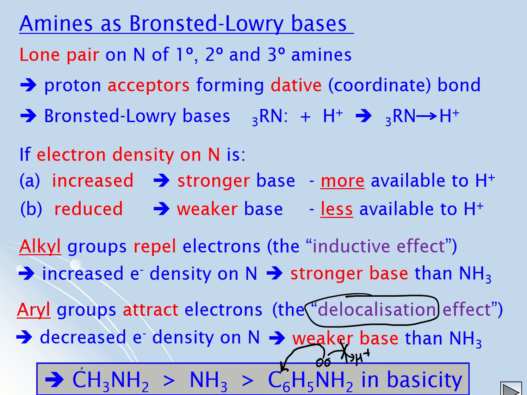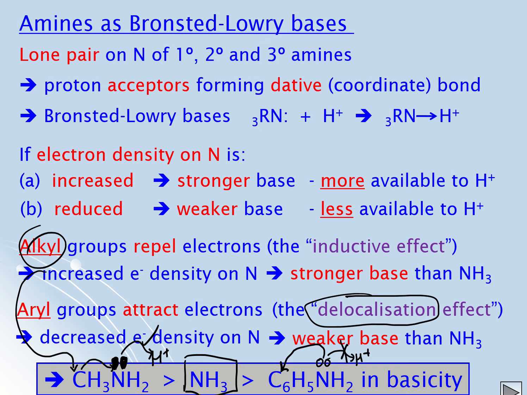Whereas my alkyl group allows electrons to drift away from it, meaning that the negative density around this nitrogen is significantly enhanced, so it can attract the hydrogen ion much more strongly. So my alkyl group down here leads to a much stronger base. Ammonia is placed in the middle because it has neither alkyl groups nor aryl groups, so it has neither the inductive effect nor the delocalization effect.